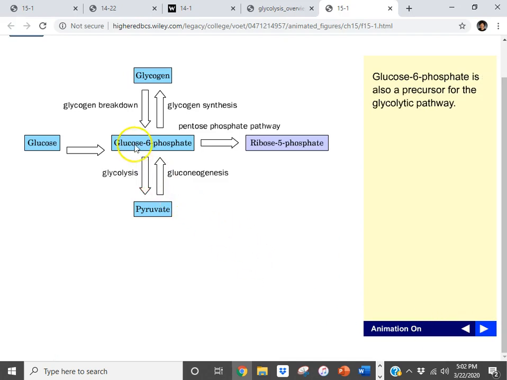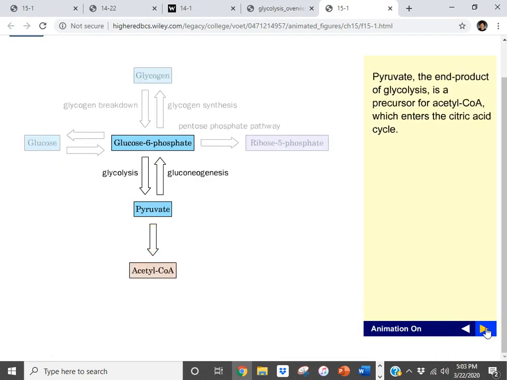And this is what we're talking about now, glucose 6-phosphate going to pyruvate. So the point of this animation is just to show the central role of glucose 6-phosphate in being connected to a lot of other pathways. So we can take glucose 6-phosphate to glucose, but not by hexokinase. So we'll talk about that later.